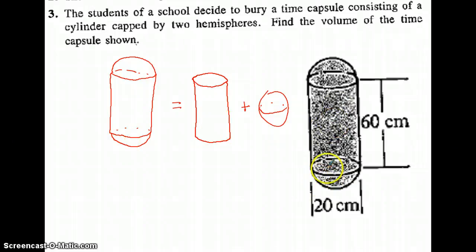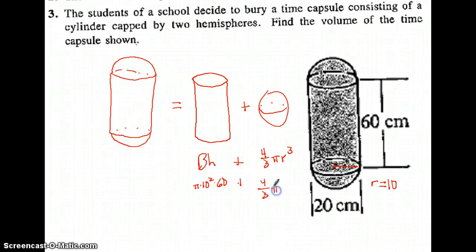Okay, and they tell you this is 20, so I'm just thinking of radius as 10. I'm supposed to find volume. Volume of this thing is area of the base times the height. Volume of this thing is 4/3 pi r cubed. So the area of the base here is pi r squared, times 60. And this is 4/3 pi times 1,000.